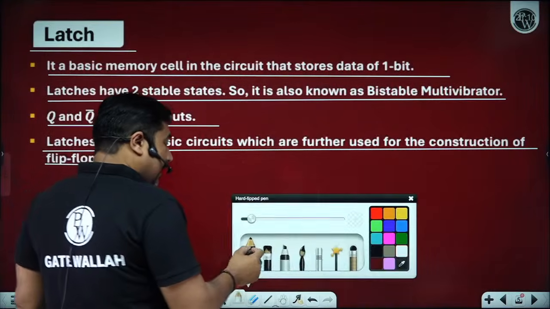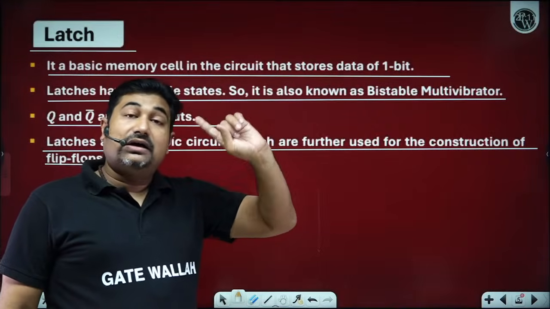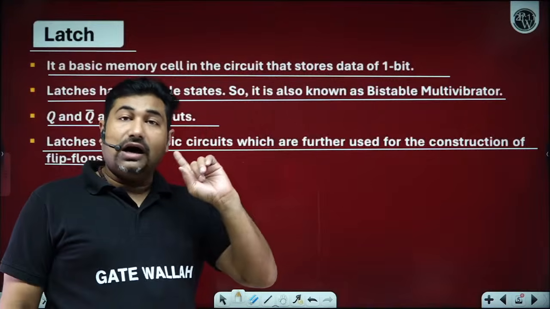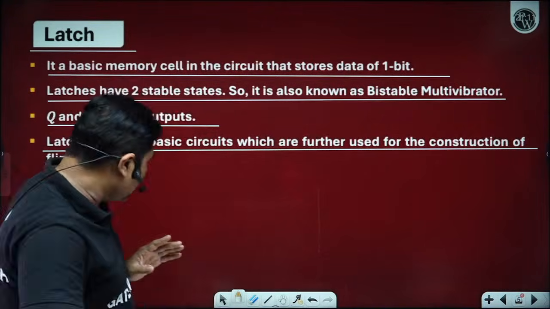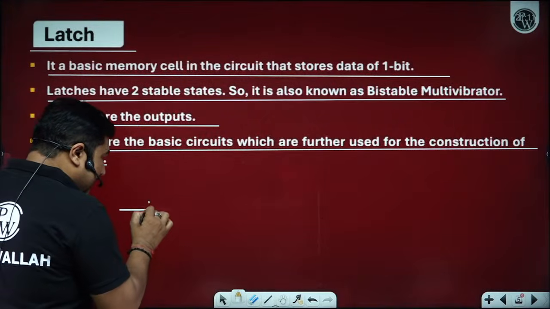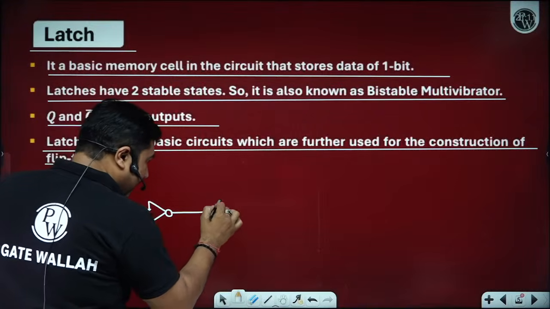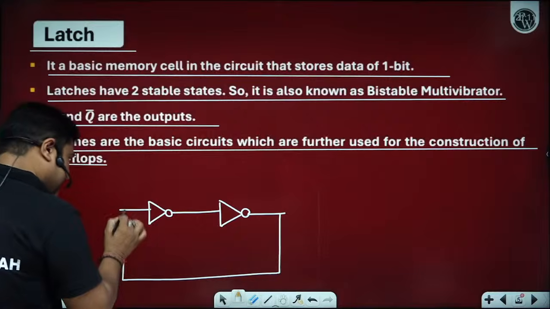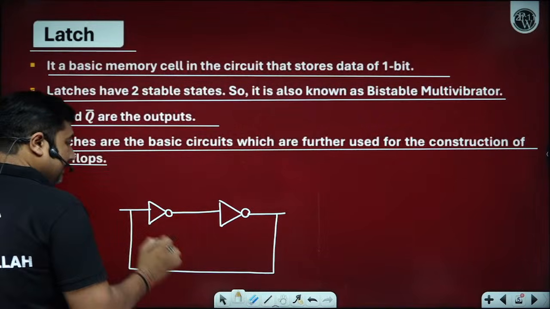Now, if you remember, when we studied NOT gate operation, there we observed an astable multivibrator and a bistable multivibrator. So if you remember that bistable multivibrator, it has 2 states. Can I represent it like this?